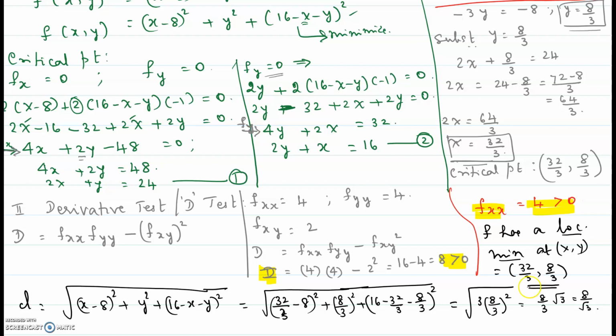We'll plug in x = 32/3 and y = 8/3 into this. Then we simplify, we get 8/3 times radical 3, which is nothing but 8 over radical 3. So the shortest distance between P and Q is 8 over square root of 3. Hope this video helps.